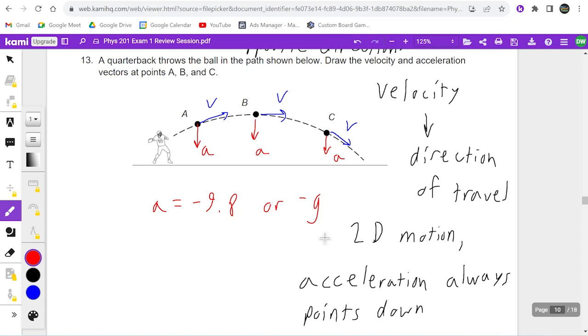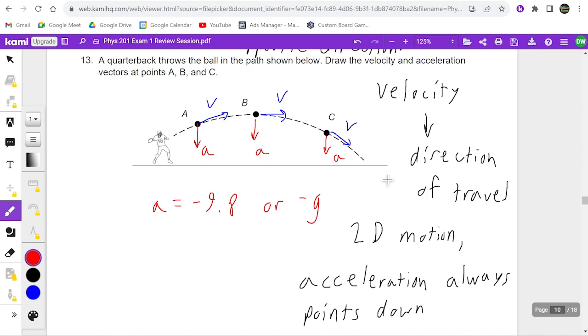And by the way, if you really understand acceleration, then you would say, Dan, I think I get it. As time goes on, the velocity is getting closer and closer to that acceleration vector. In other words, at first, think of it like a clock. At first, it's pretty far apart. Then it's getting closer. Then by point C, it's getting closer and closer. And if this were to theoretically go on forever, and there was no floor, eventually the football is going to hit the ground.